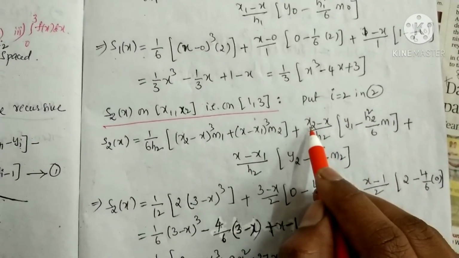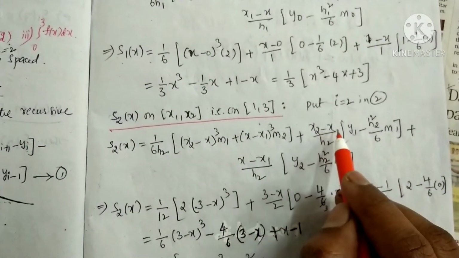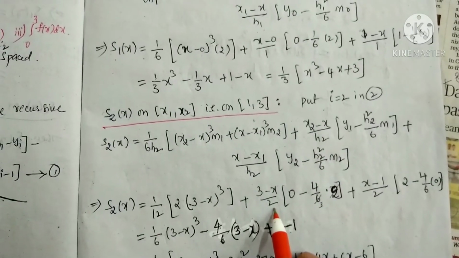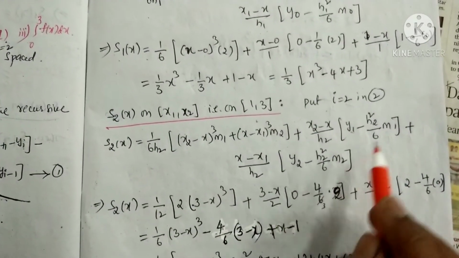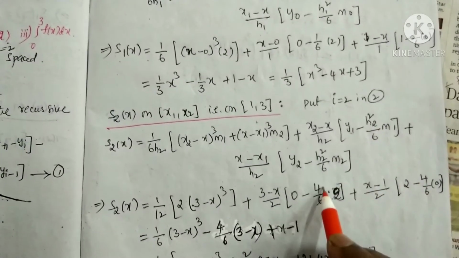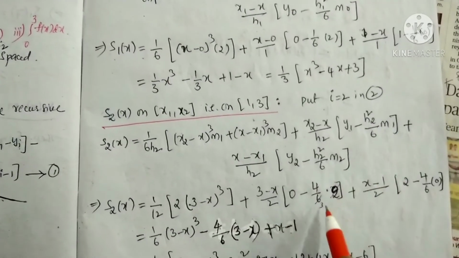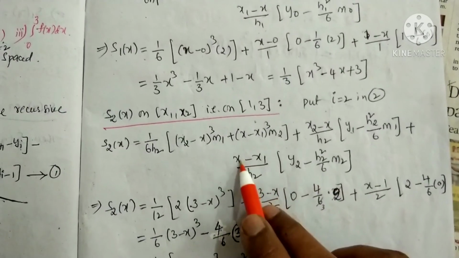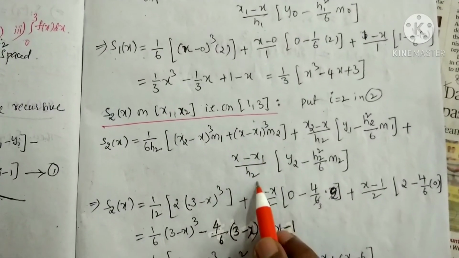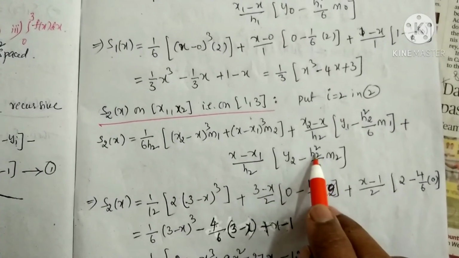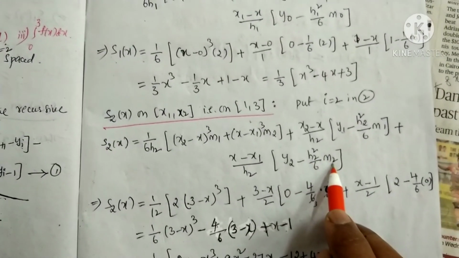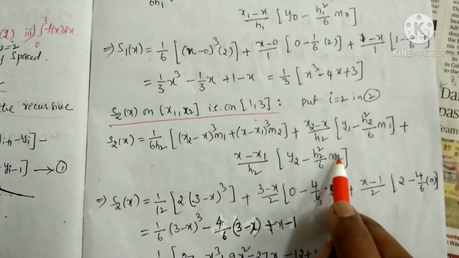Plus x2 which is 3 minus x by h2 which is 2, into y1 which is 0 minus h2 square, 2 square is nothing but 4, by 6 and m1 is 2, plus x minus x1 which is 1, h2 is 2, y2 is 2, h2 square 4, m2 0. So this term becomes 0.